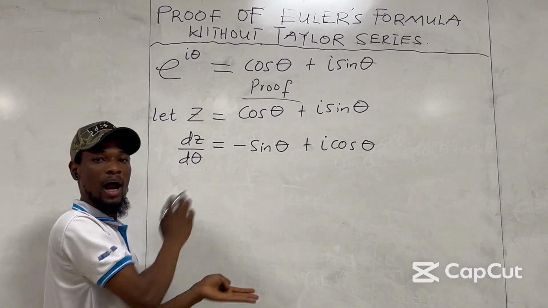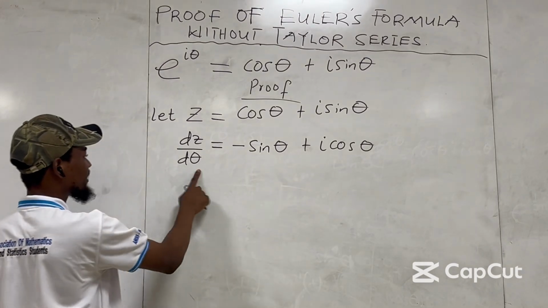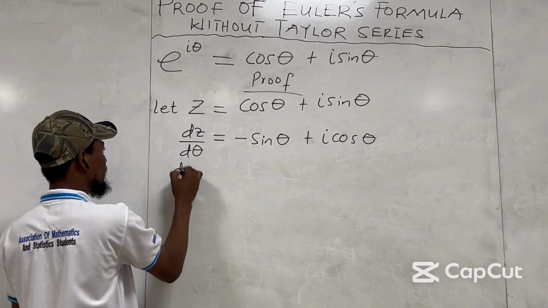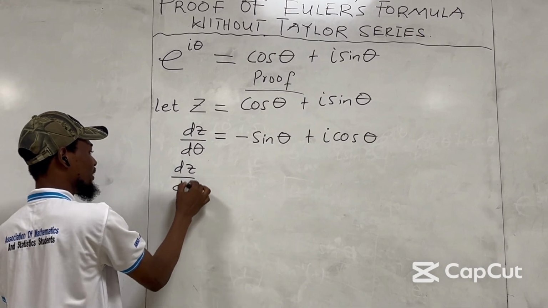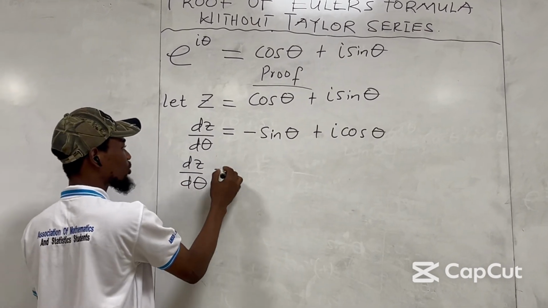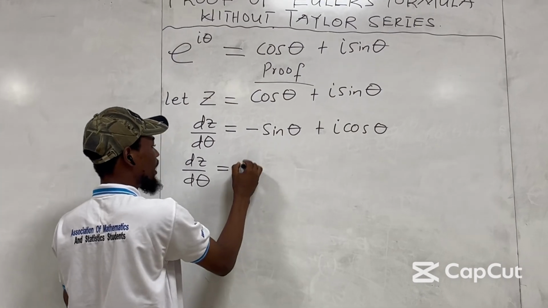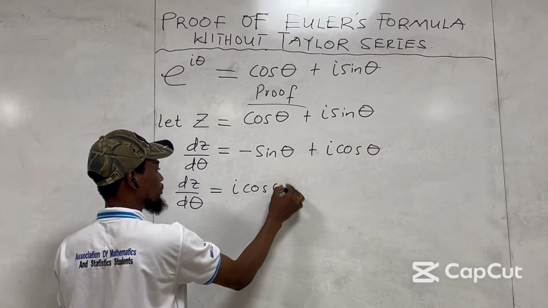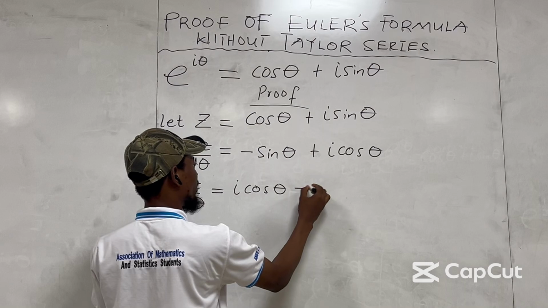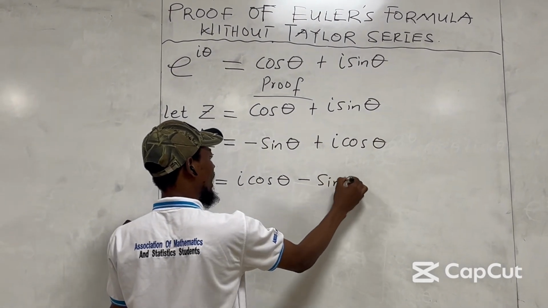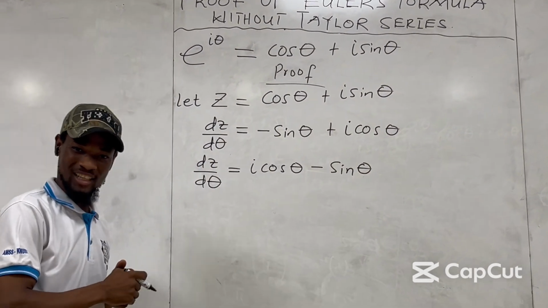By rearrangement, dz over dθ is equal to i cos θ minus sin θ.